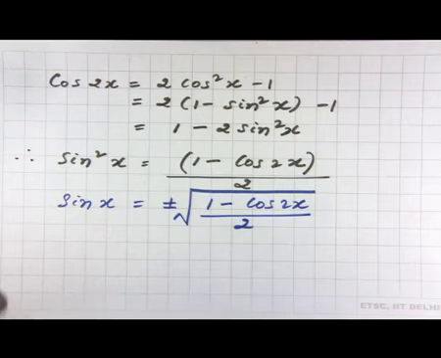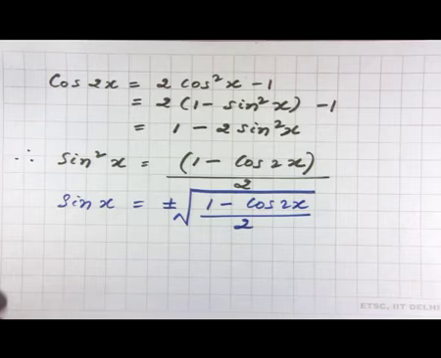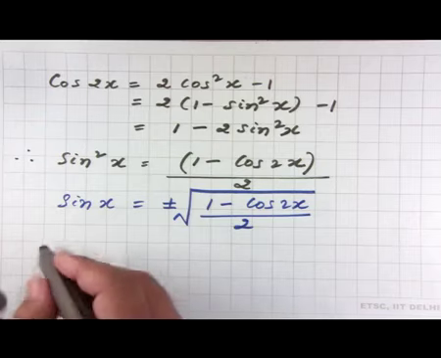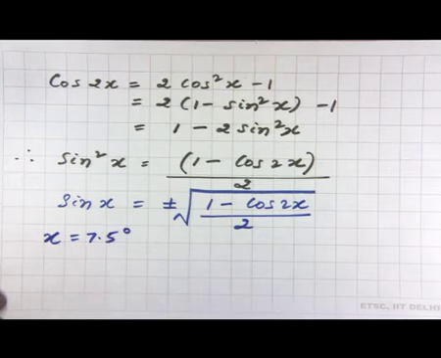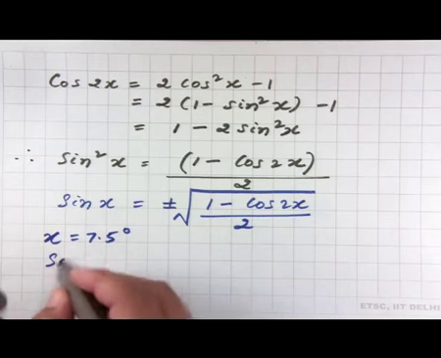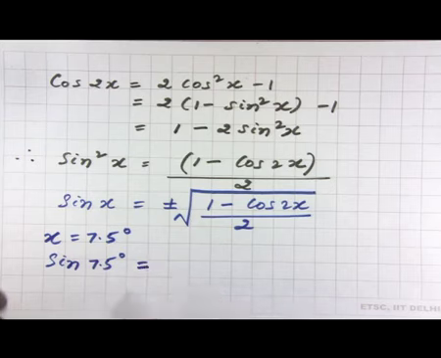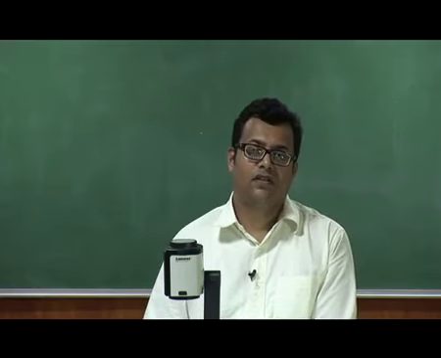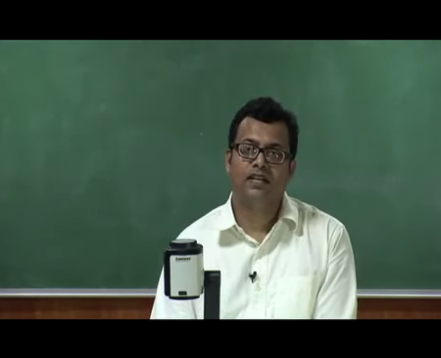So, for example, if we were to find out sine of 7.5 degrees, using this formula we get sine of 7.5 degrees is equal to, now we know that sine of 7.5 degrees is a positive real number and therefore we only take the positive sign here.